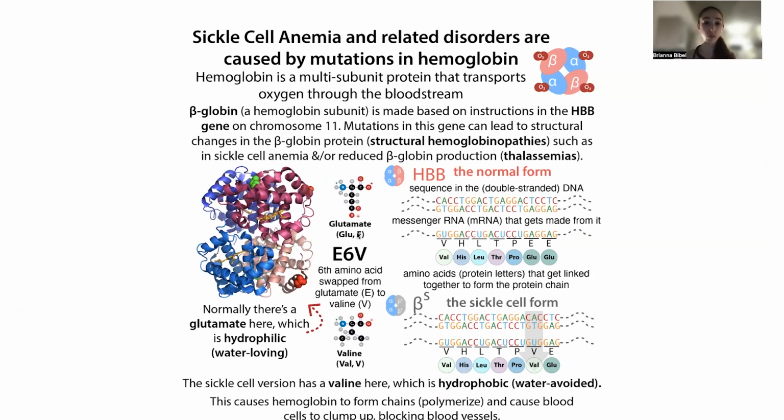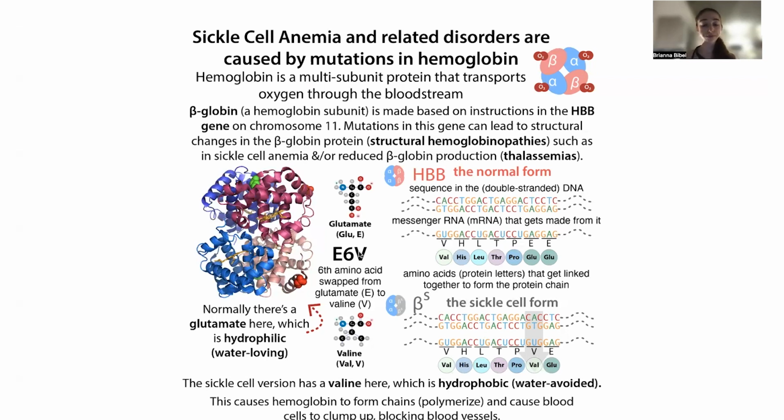Glutamate's one-letter abbreviation is E. We'll get more into why later, but basically they already used G for glycine, and they needed another letter, so it got E. Valine is V, that makes a little more sense. So we put the letter of the amino acid that it was, then the position in the protein, and then what it was changed to. So we call this E6V, saying we went from a glutamate to a valine.